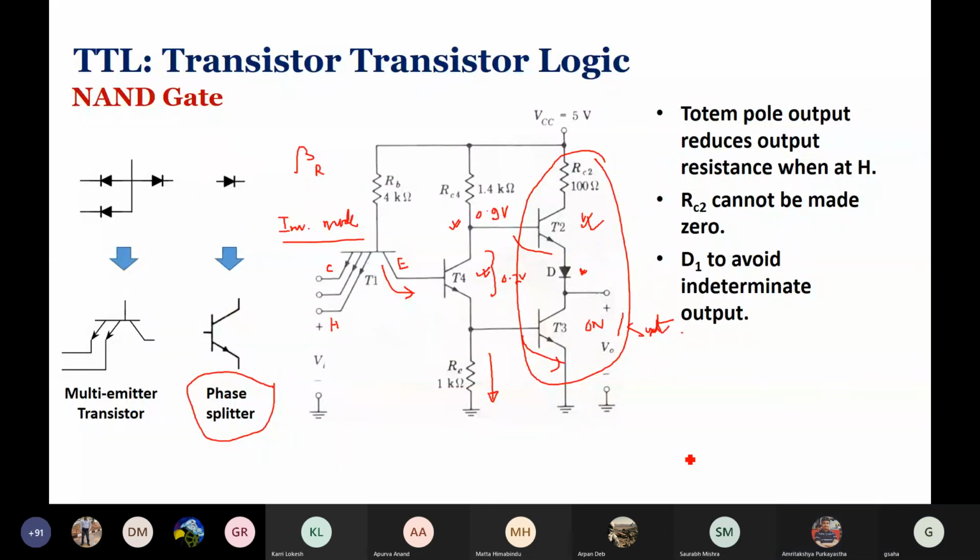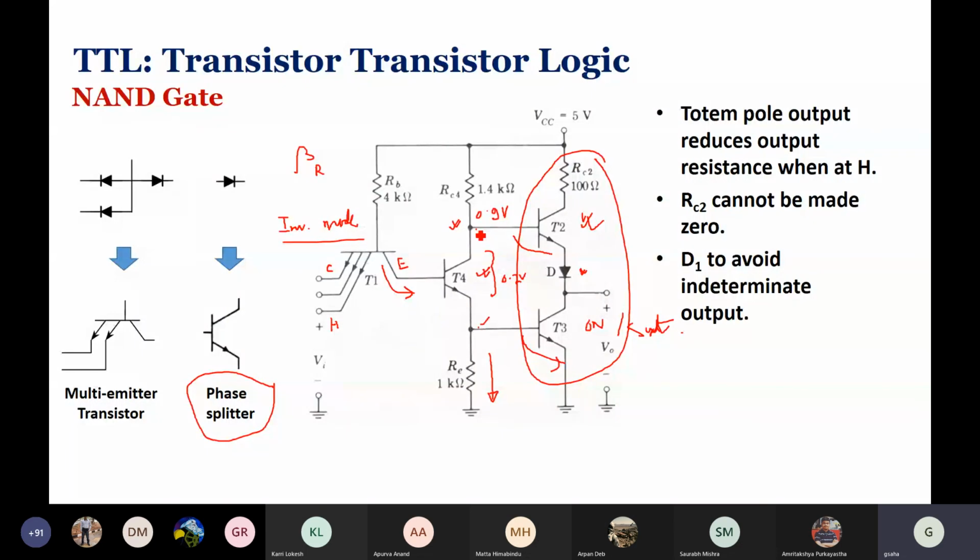Is it like that? Right. So basically, these two are 180 degrees out of phase. You can see, right? When this is high, this is low, when you take T2 and T3 into consideration. When this is made high, this is low, and when this is low, this is high.